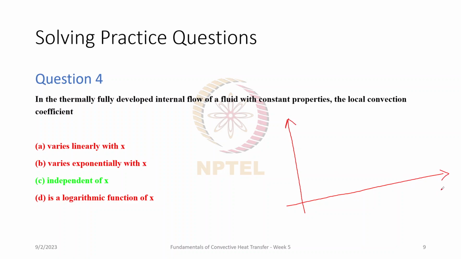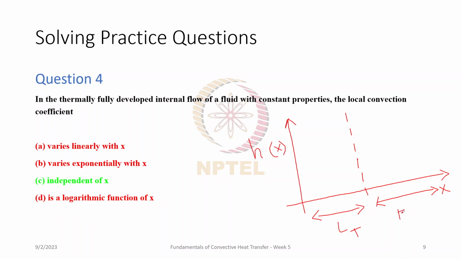So let's say this is x and this is h of x. I'll draw a small boundary here, an imaginary line which differentiates the developing zone or the entry length, so let's call this LT, from the developed flow, the fully developed flow.